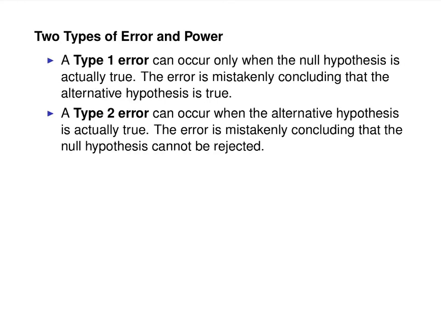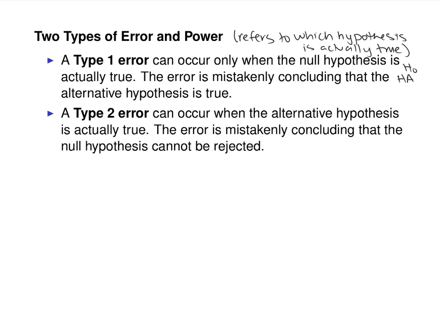Now, in this hypothesis test, there are two different kinds of error you can make. And these names are actually named this way on purpose. What this does is it refers to which hypothesis is actually true, where H0 is hypothesis 1 and HA is hypothesis number 2.